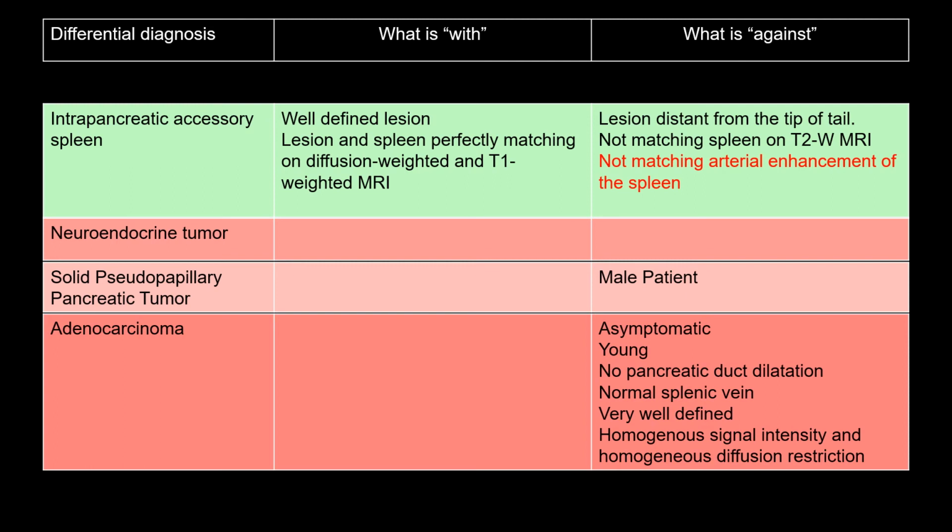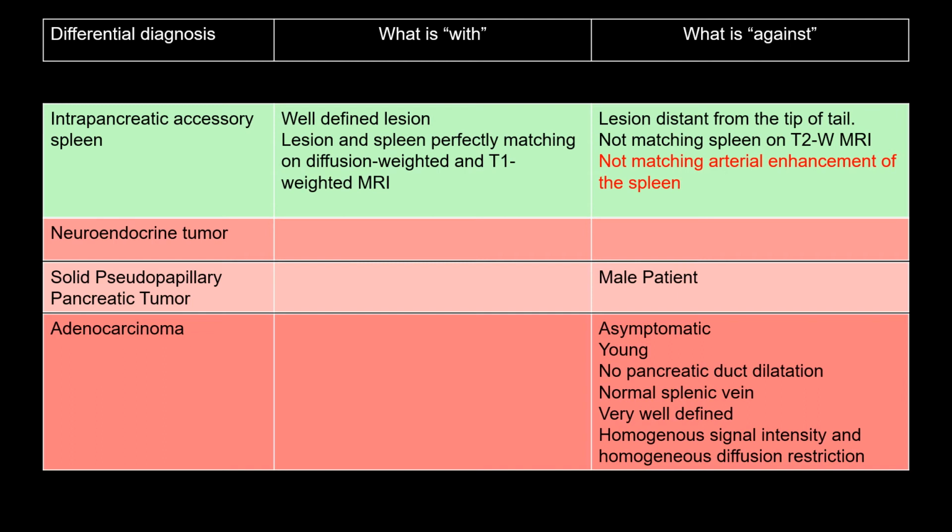But from the management-based perspective, all we need now is to completely eliminate the possibility of intrapancreatic accessory spleen, the only green possibility, the only lesion that can be left alone. After that, the decision is easy. It is to go inside and remove the lesion.